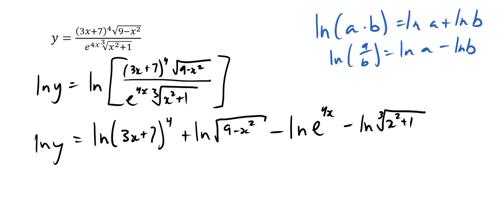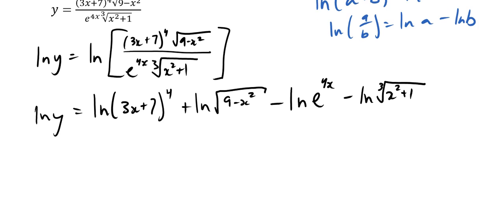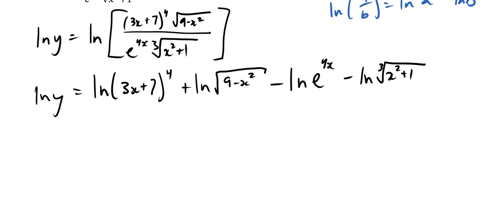Do you think that's going to be easier? I can tidy this up a little bit more before I even start. You could do it as is, I think, but I think this is easier. I'm going to pull this exponent down, so this is 4 ln(3x + 7).